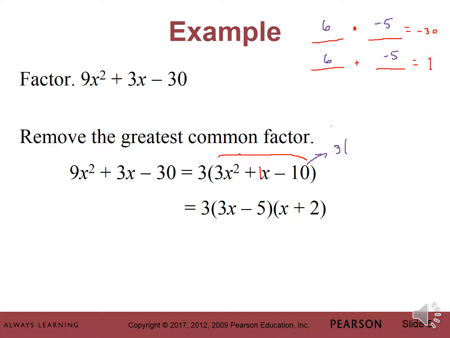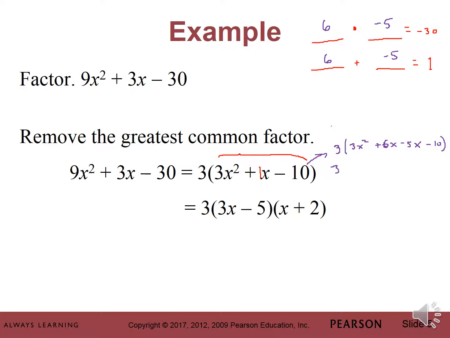And so we're going to go from here, break up the middle term. Okay, so let's see. We have that factor of 3 that's always going to be there.